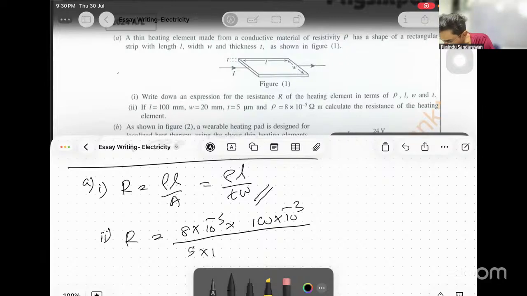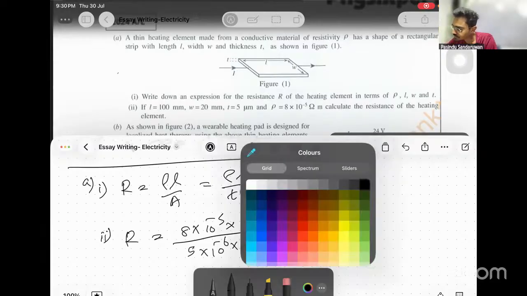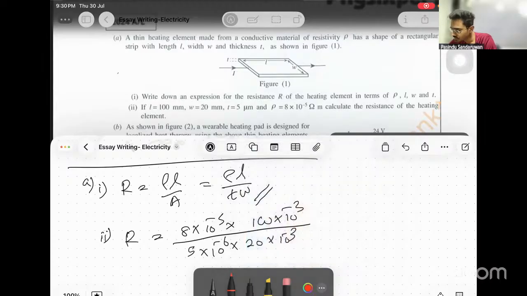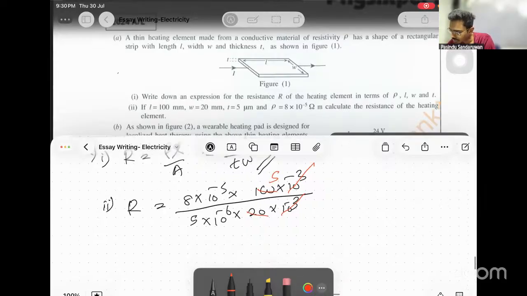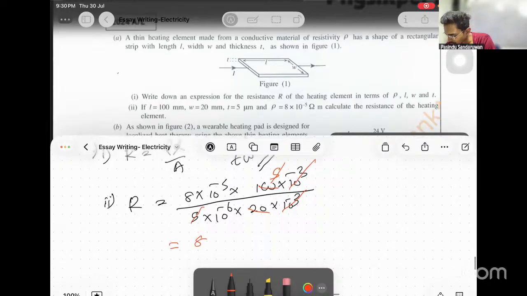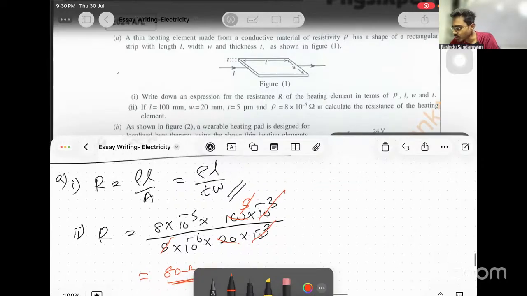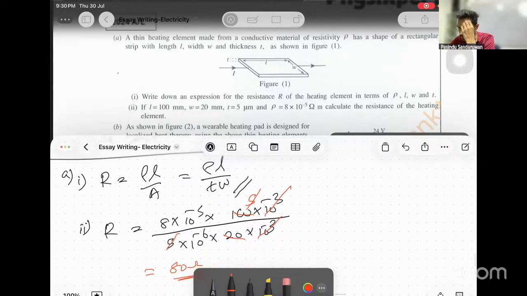Then 10 to the power minus 3 cancels, 20 times 5, and 5 also cancels, then 80 ohms, exactly 80 ohms.